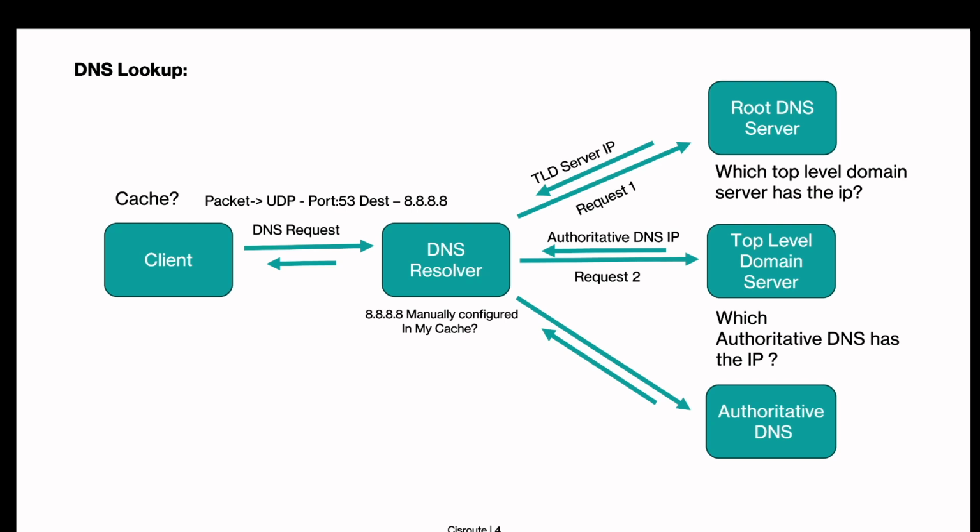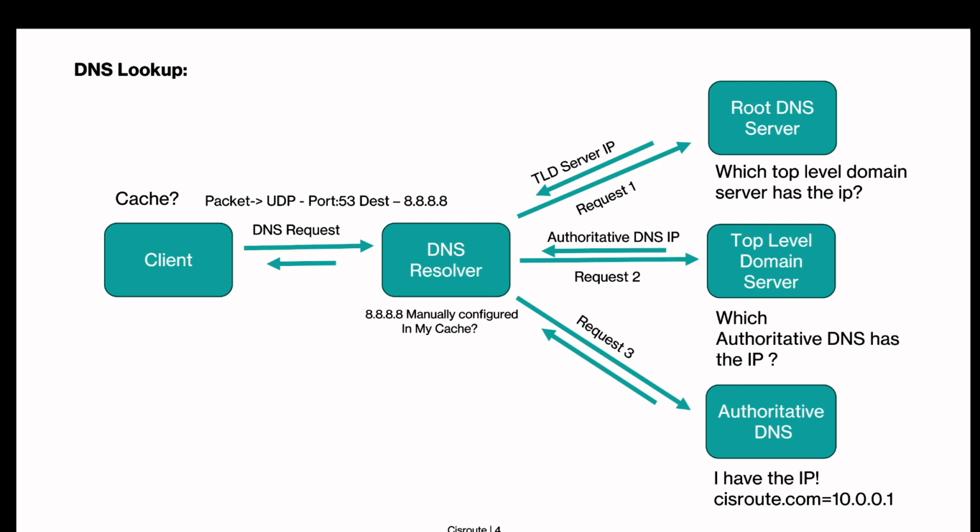And with this authoritative DNS server's IP address, there is again a request going from the DNS resolver to the authoritative DNS server. And finally, the authoritative DNS server will have a mapping stating that sysroute.com's IP address is 10.0.0.1.